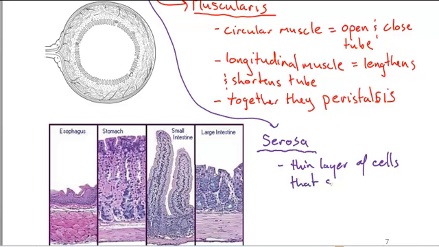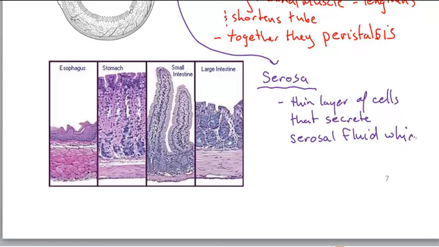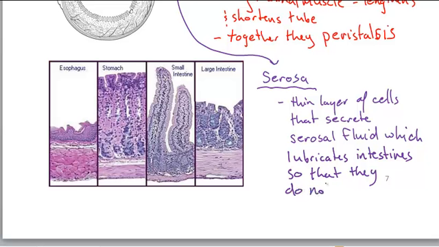that secrete what's called serosal fluid, which lubricates the intestines so that they do not chafe as you move.